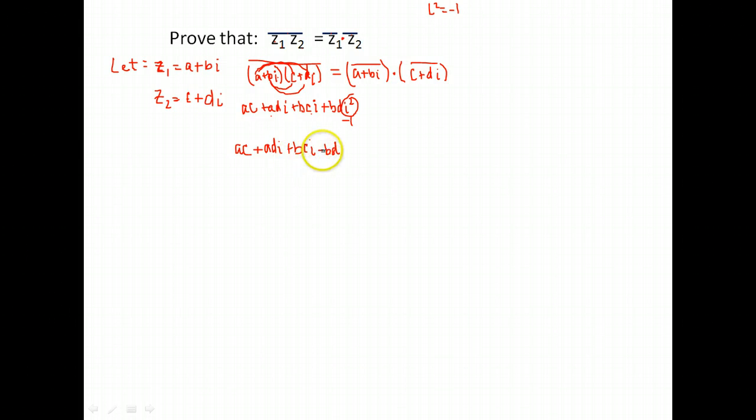Well, the next thing I need to do, to write this in simplified form, is gather my real and imaginary parts. The real parts would be anything without an i, so that would be my AC and my negative BD. The imaginary parts would be anything with an i in it, so that would be my ADi and my BCi. Now remember, I'm going to be taking the conjugate of this eventually.